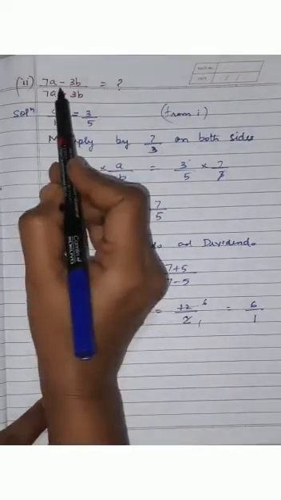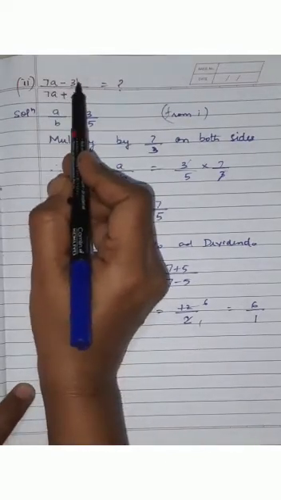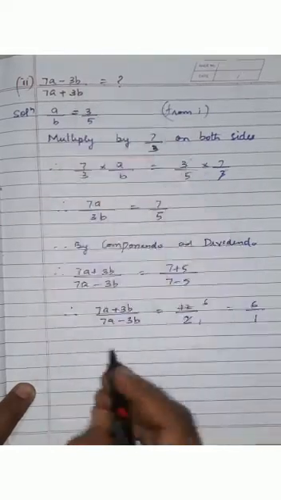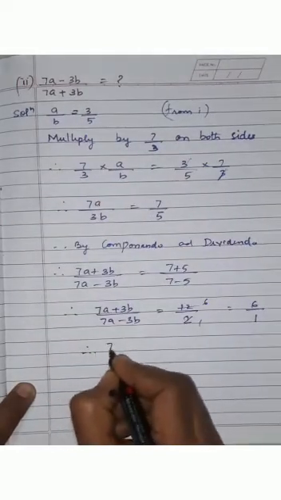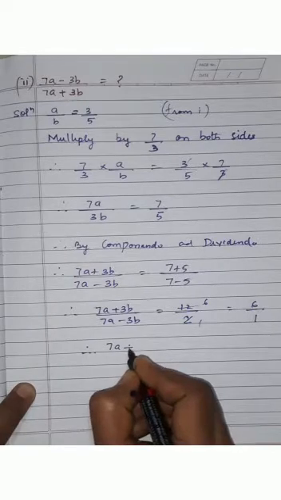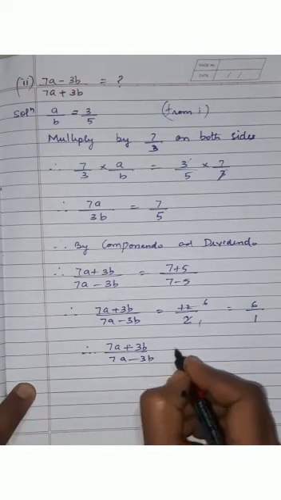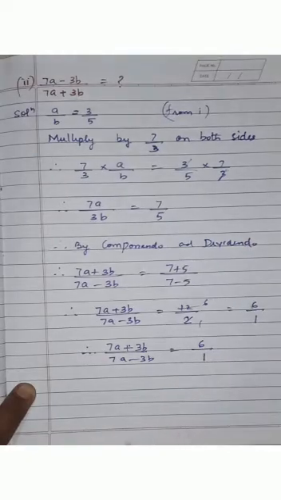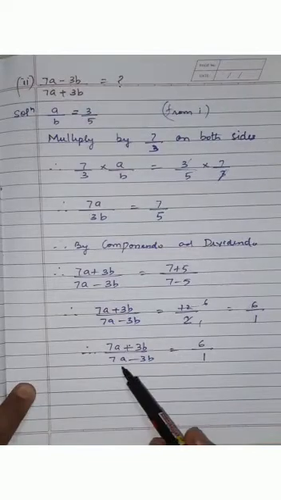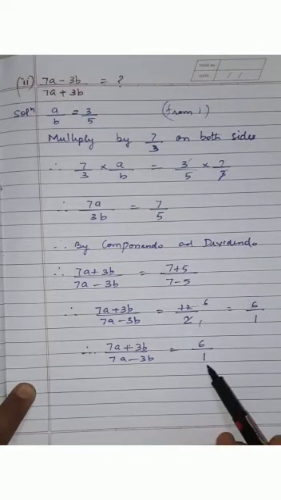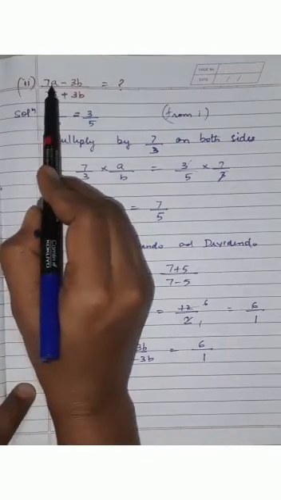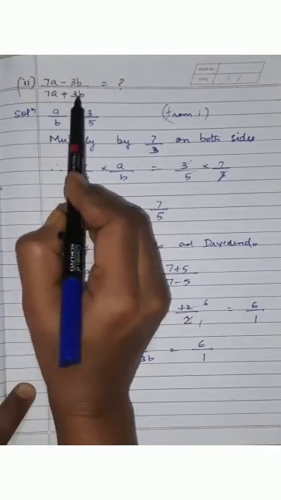Now children, in the question we have to find the value of (7a − 3b)/(7a + 3b). We got (7a + 3b)/(7a − 3b) = 6/1, but what we want is (7a − 3b)/(7a + 3b).